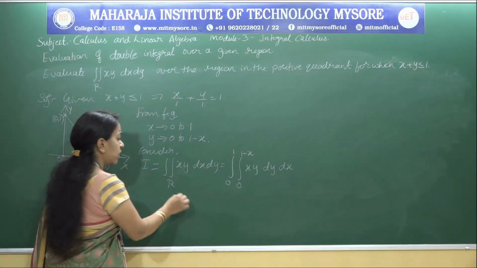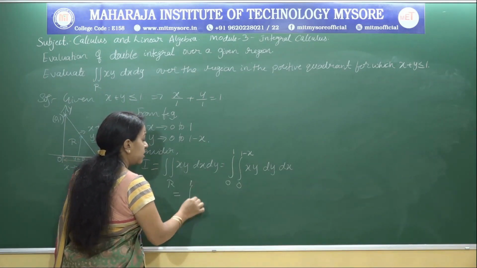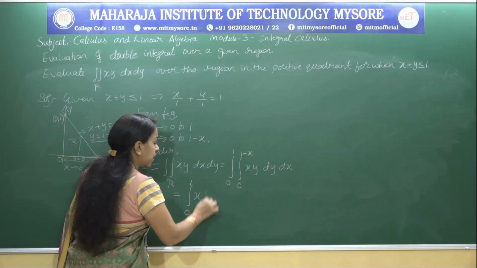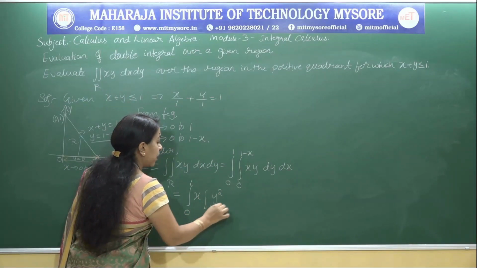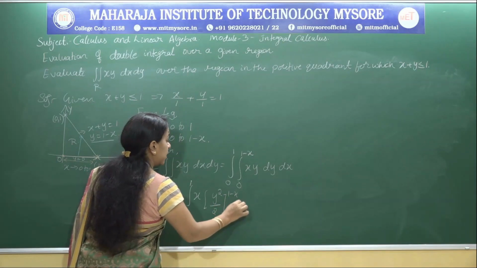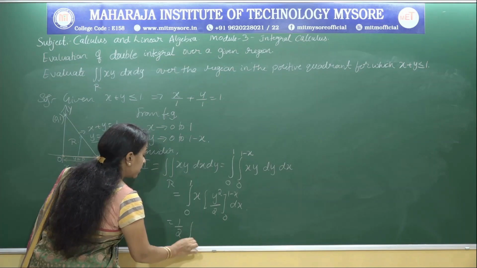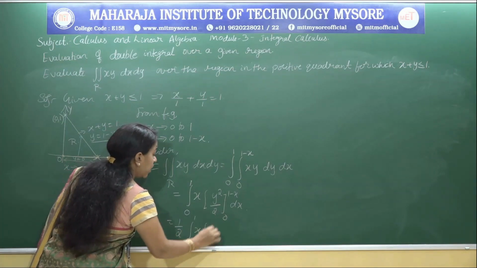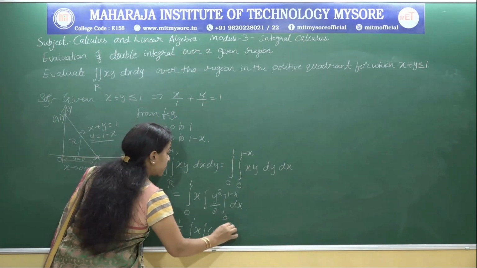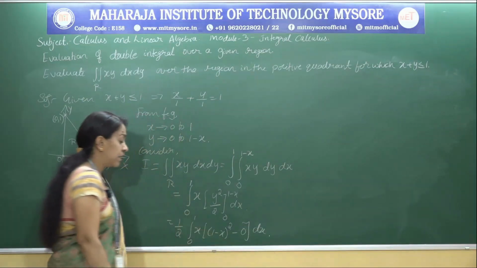Now integrate with respect to y, keeping x constant. Integral 0 to 1, x constant, integral of y is y square by 2 between the limits 0 to 1 minus x, dx. So 1 by 2 common, integral 0 to 1, x into upper limit (1 minus x) whole square minus lower limit 0, dx.